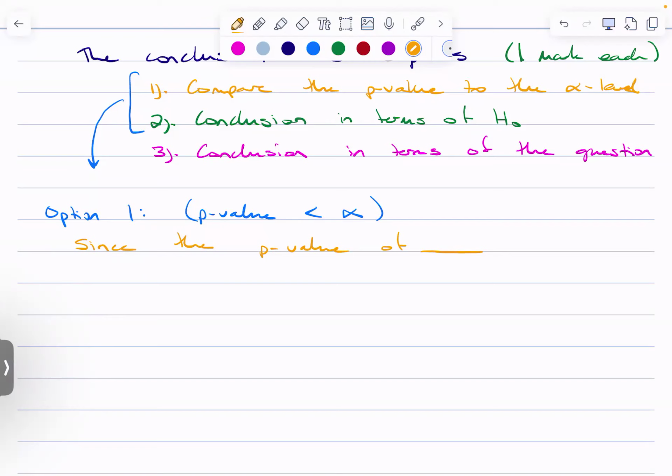And so you want to say, since the p-value of whatever it is from the question that you've done is less than the alpha level of blank.